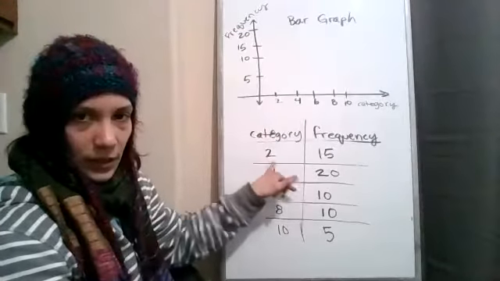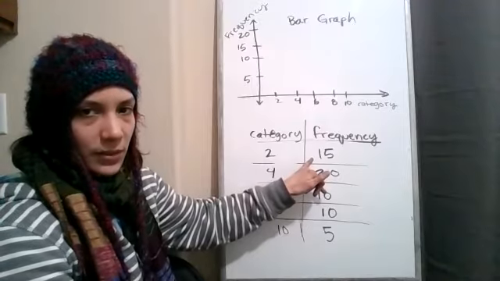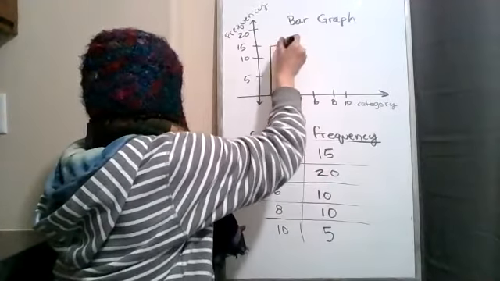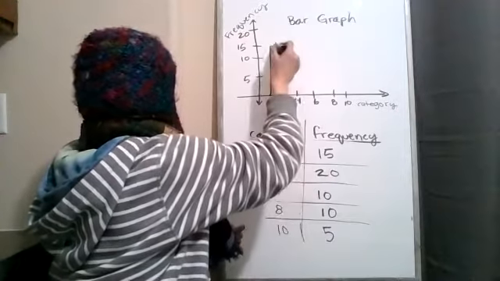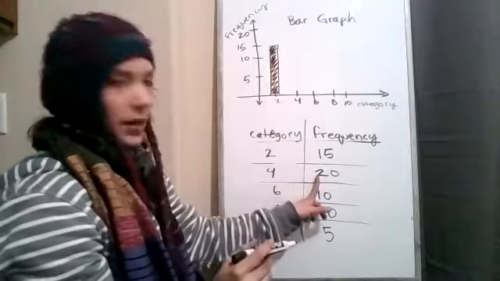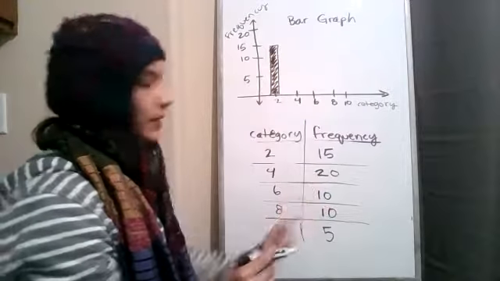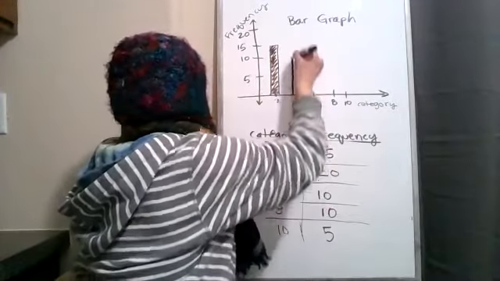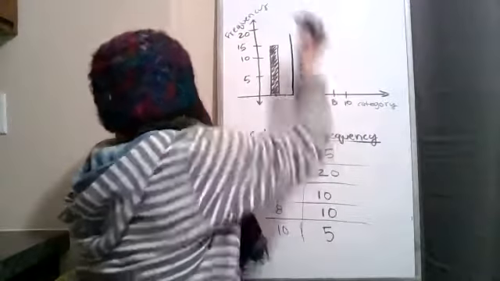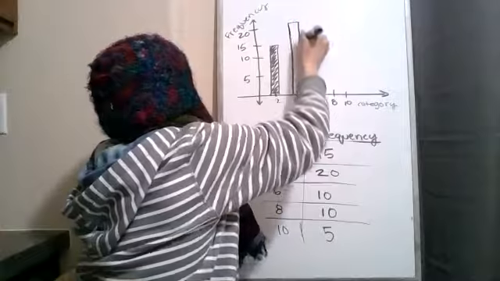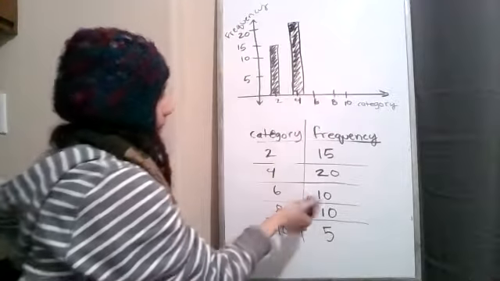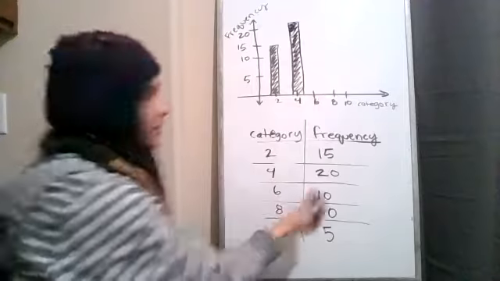Okay, so the category 2 has a bar around it, and it goes up to a height of 15. 4 has a bar around it that doesn't touch the other bars and has height 20. Cool. 6 has height 10.